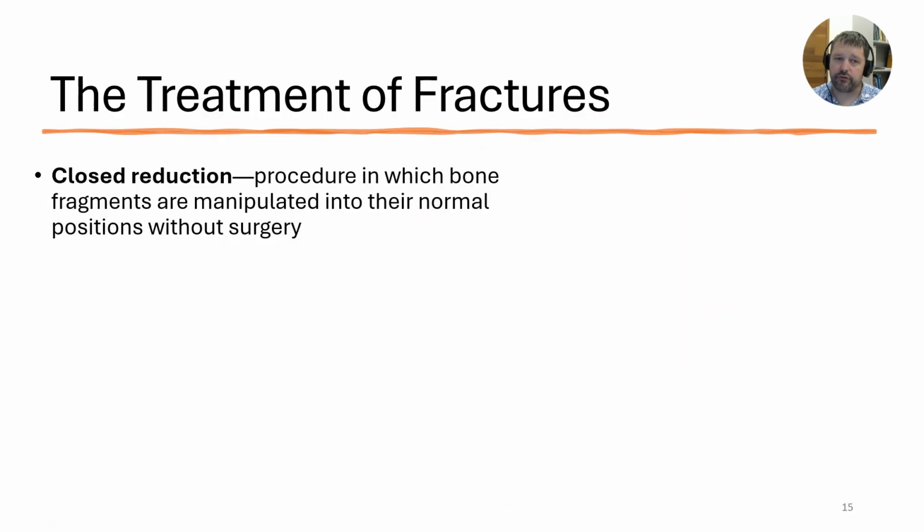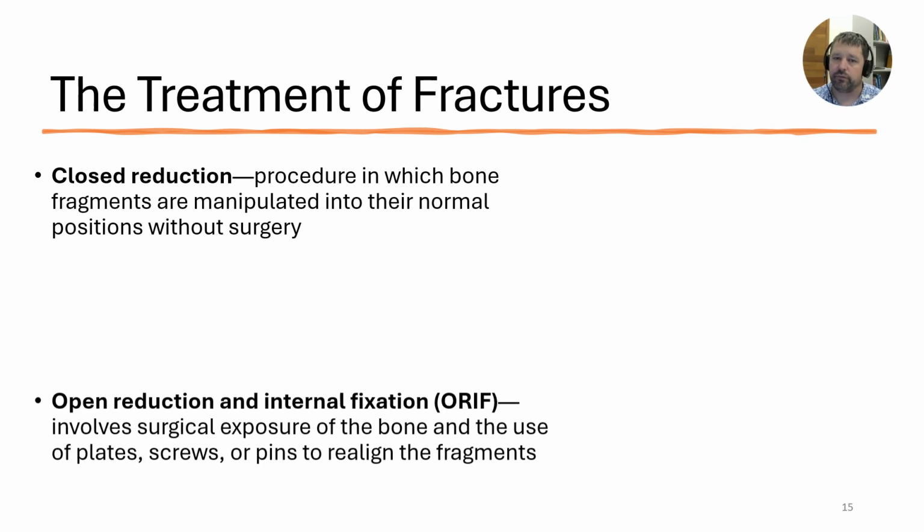Treatment of fractures, okay, a couple ways at which this occurs. You have what we call a closed reduction, which just means that the bone fragments can be manipulated back into place without surgery. So if it's a displaced bone, you can just palpate it back into place, and that's considered a closed reduction.